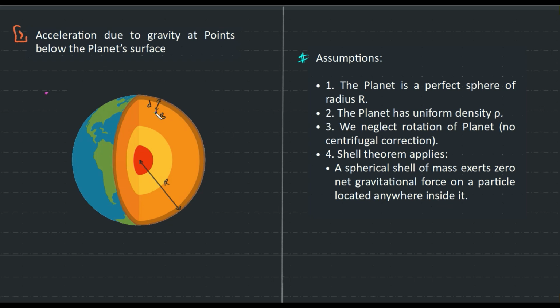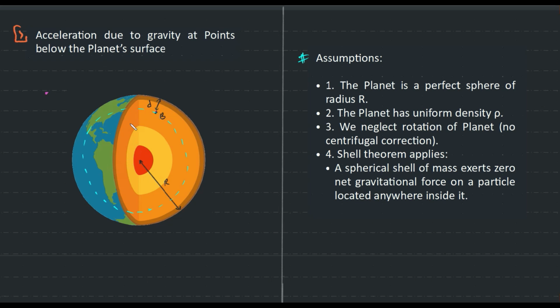So basically, if I happen to draw an imaginary dotted line, and keep doing that, anything above these dotted lines will not contribute to the gravitational pull.